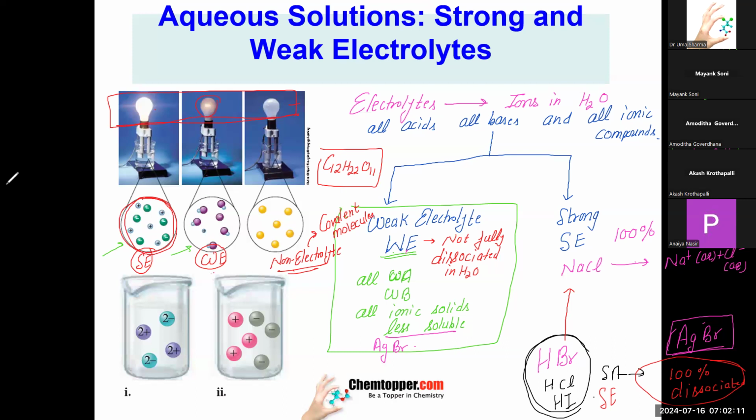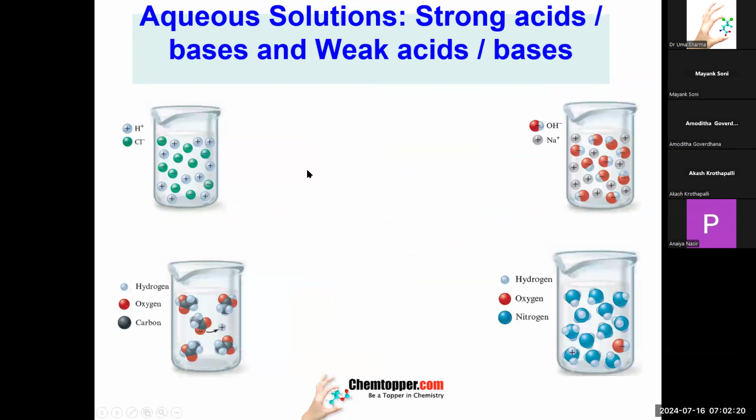Moving on. Check all the pictures. They have given the names also. So this is HCl container. Can you tell me the formula of this compound? This one.